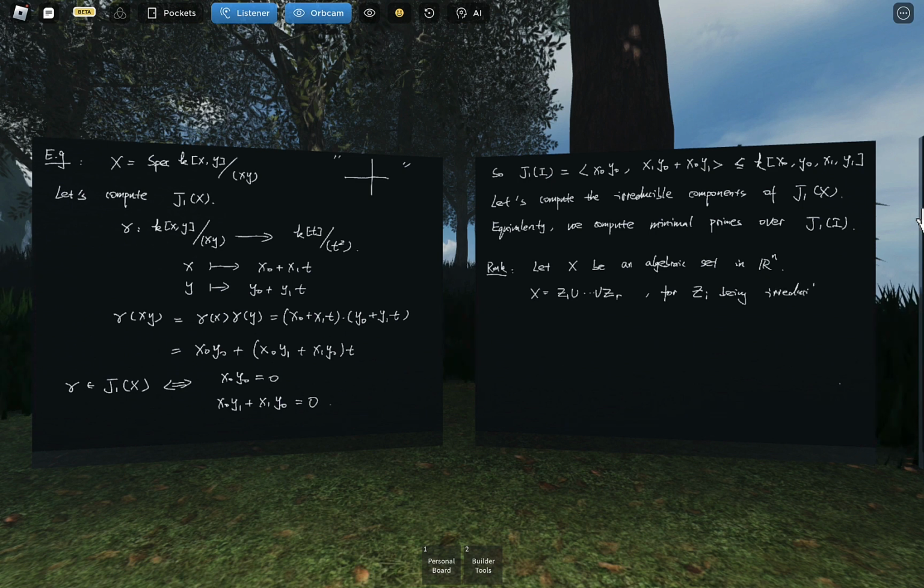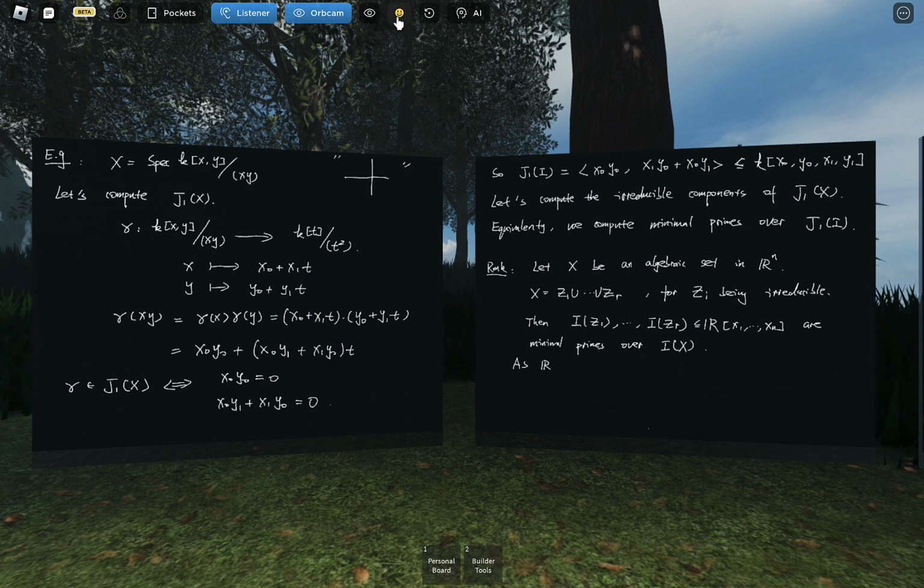Then for each of these irreducible sets, we know that their corresponding ideals are minimum primes over the corresponding ideal of X. But if we just start with this ideal I_X and we compute all the minimum prime ideals over I_X, the irreducible components of X only correspond to a subset of all such minimum prime ideals.